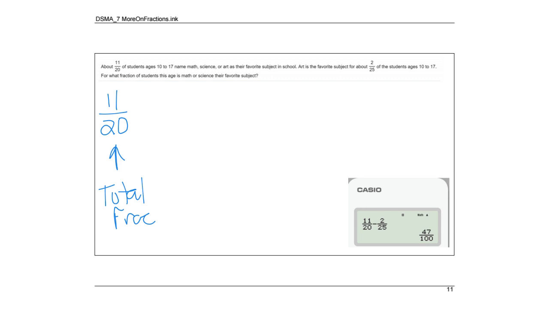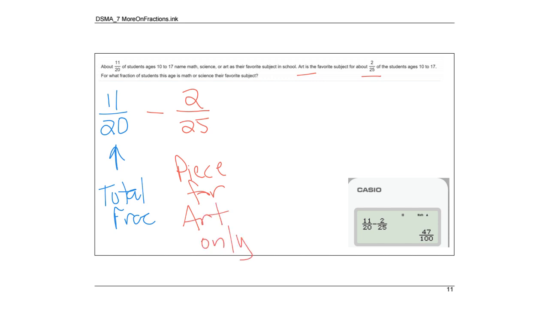And then art alone is 2 over 25. So if we take the total minus the piece, this is the piece for art only, we're going to subtract those two. If you come down to your calculator and subtract those two, what's left is 47 over 100. That is the fraction, almost half, of students that name math or science their favorite subject. I wonder if those are real numbers. Not sure, although a lot of people like science.